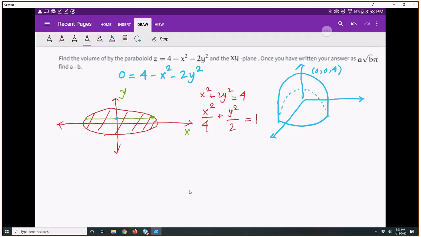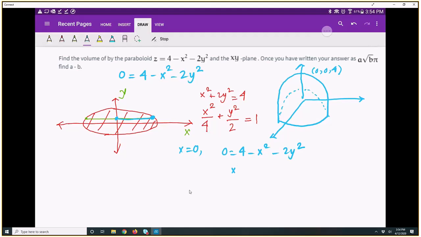Limits of x start at 0 and go all the way to the boundary of the ellipse. So I said x starts at 0, and then I set this equation 0 equal to 4 minus x squared minus 2y squared and try to solve it for the value of x to understand how far the limit of x is going to stretch.